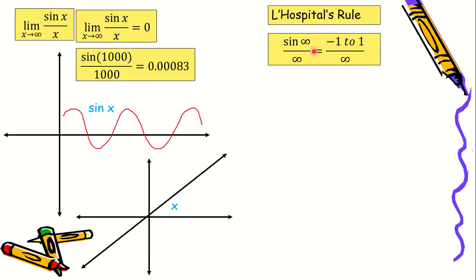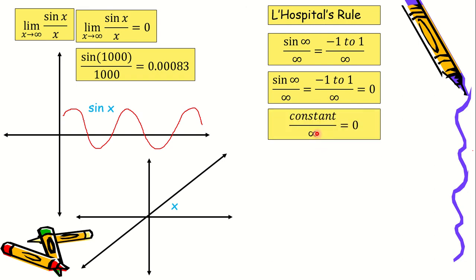Sine infinity varies between -1 to +1 divided by infinity, so that's definitely going to be 0. So anytime you have a constant divided by infinity, it's always equal to 0. So L'Hospital's rule doesn't work for this equation. We don't have an indeterminate form. Nevertheless, malalaman pa rin natin kung ano yung tamang sagot.